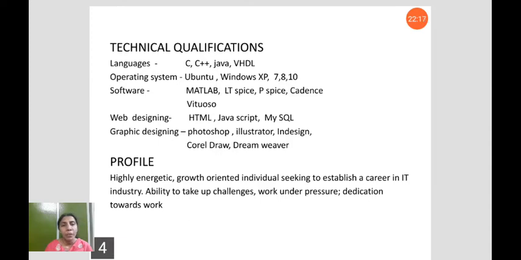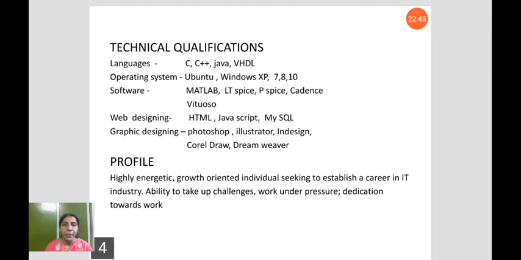But if you are applying for graphic designing, you need to know Photoshop, Illustrator, CorelDRAW, Dreamweaver, all the related graphic designing softwares. So that's why it is important that the skills essential for the job are the ones you should possess and write.